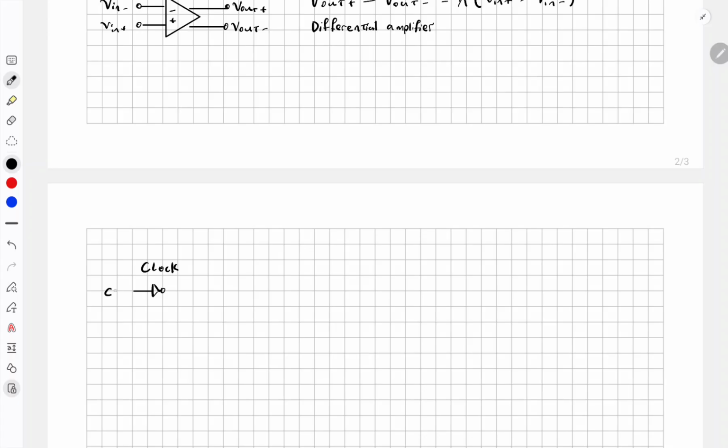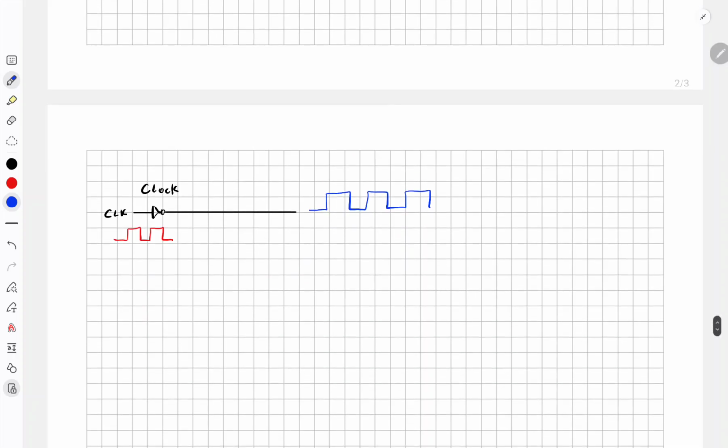Now, if you know anything about a clock signal on a computer, it looks like a square wave. And let's say you run the clock signal through a long wire, and on the output it will produce your clock signal.